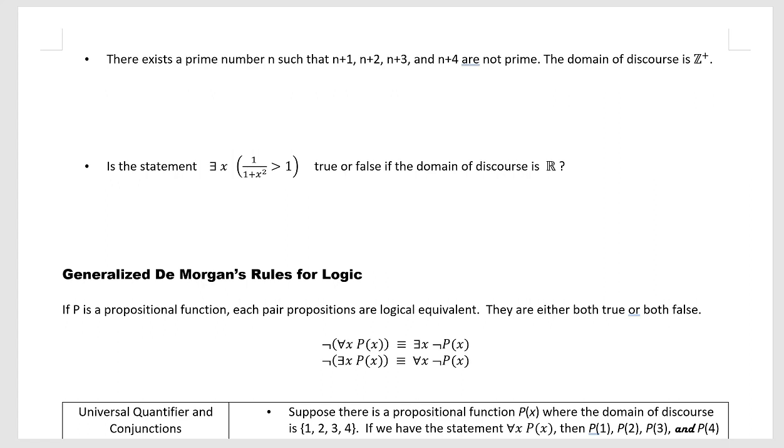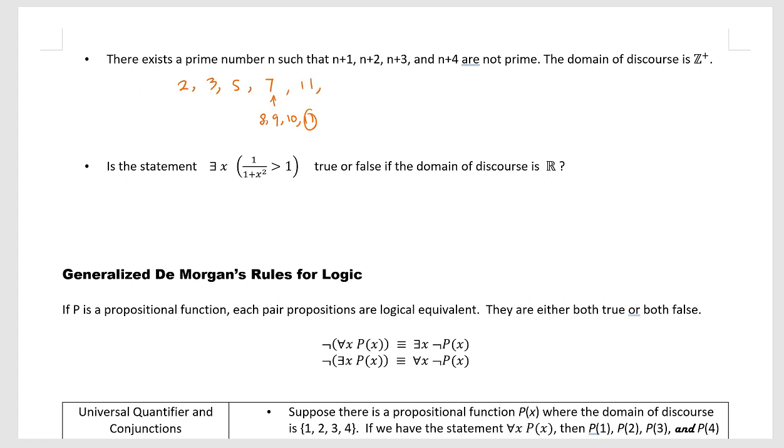Okay, so first of all, what are the prime numbers? Let's go through the list and see whether it works. The prime numbers are 2, 3, 5, 7, right? But 7 won't work, because n plus 1 is 8, n plus 2 is 9, n plus 3 is 10, and then n plus 4 is 11. 11 is prime, so 7 doesn't work.